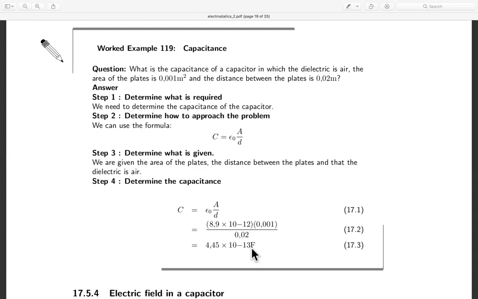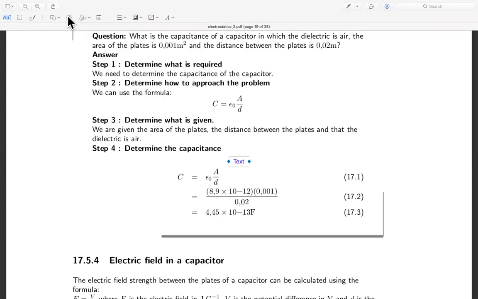If we change it, this is 0.445 times 10 power minus 12 farad.